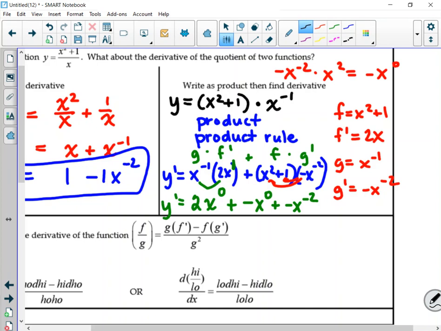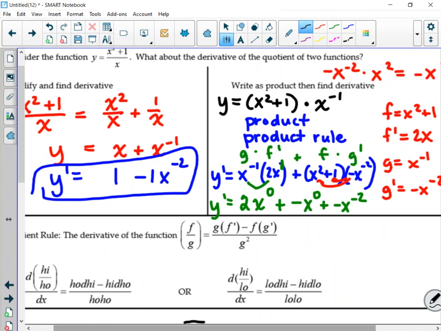All right, so let's look at this thing with all these negative exponents we put together. The 2x to the 0 is equal to 2. Minus x to the 0. X to the 0 is 1. Plus negative x to the negative 2. I am going to end up with the same derivative.